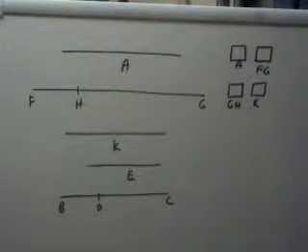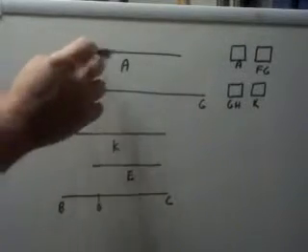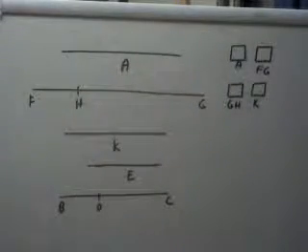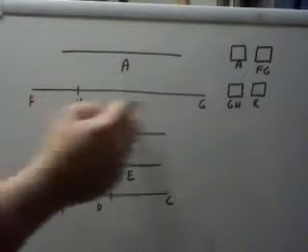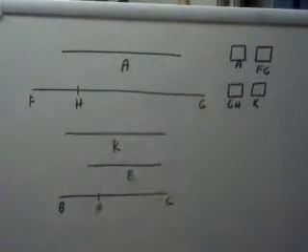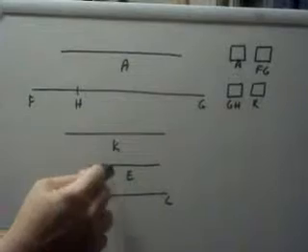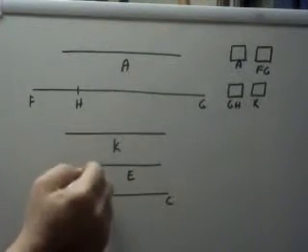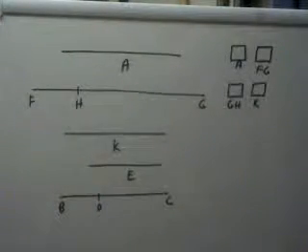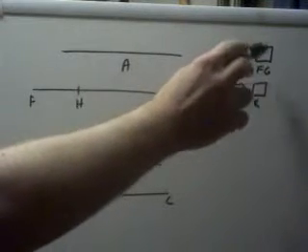Let it be contrived that as E is to BC, as this is to this whole length here, so is the square on A to the square on FG. Here's A, and this is the square on A. Here's line FG, and here's its square.